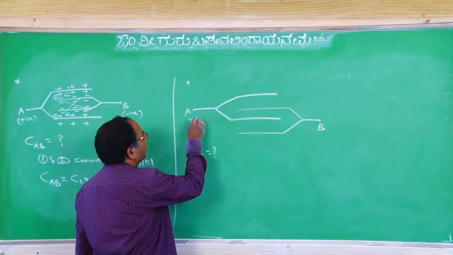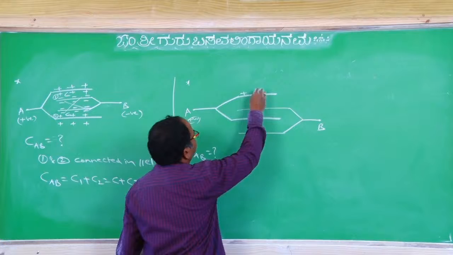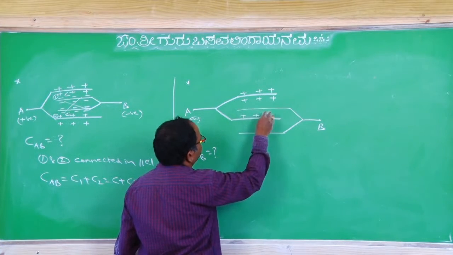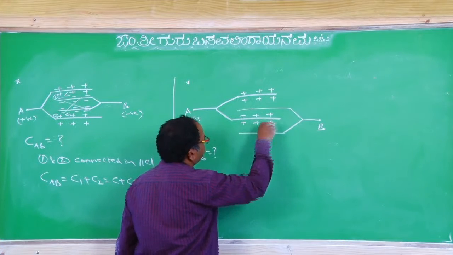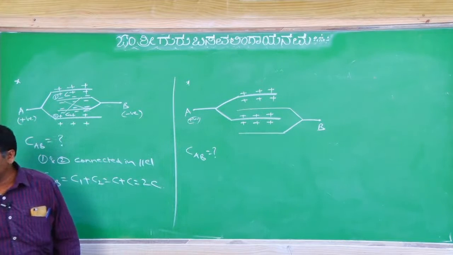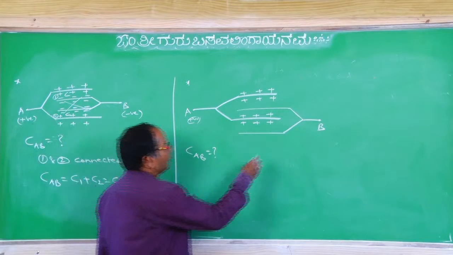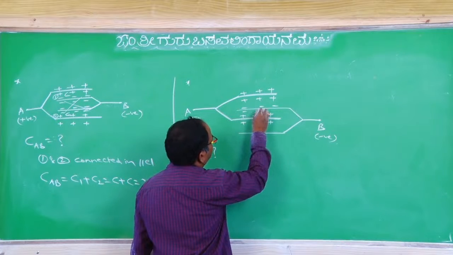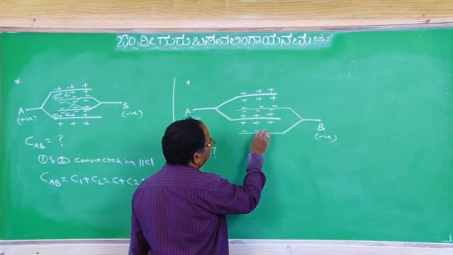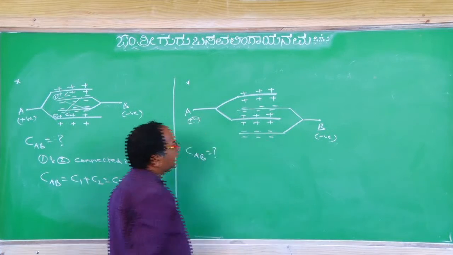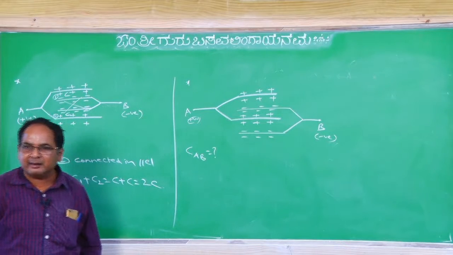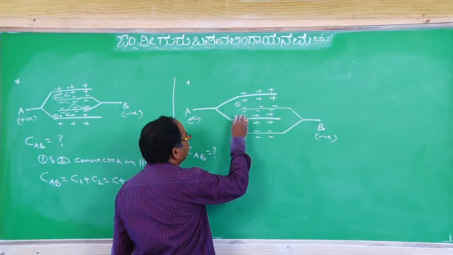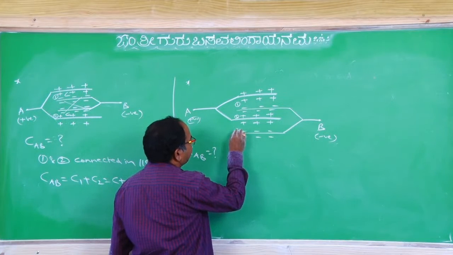A connected to positive means positive on all these plates. B connected to negative, so negative on these plates. Now how many capacitors are there? 3. This is 1, this is 2, this is 3.